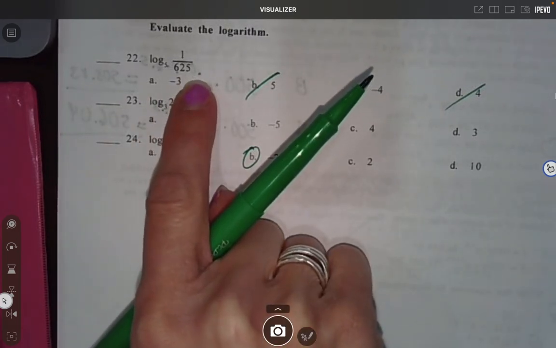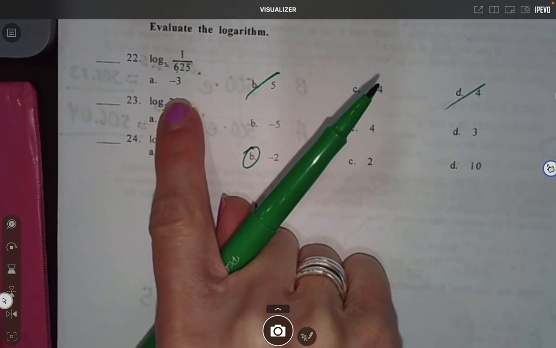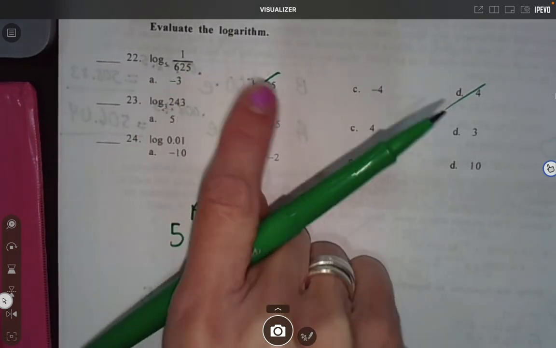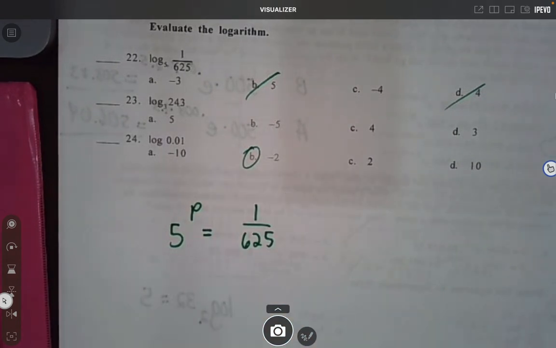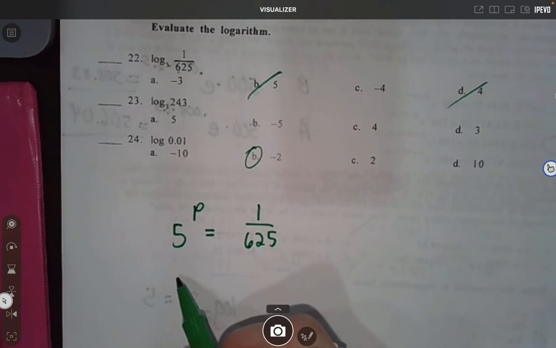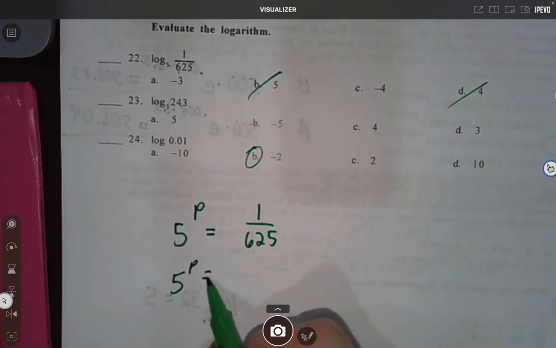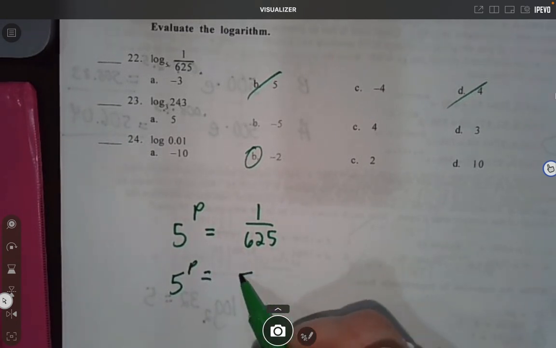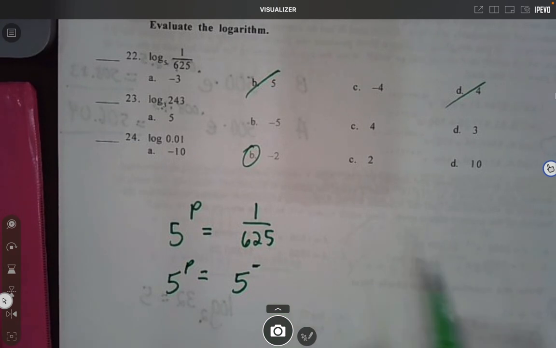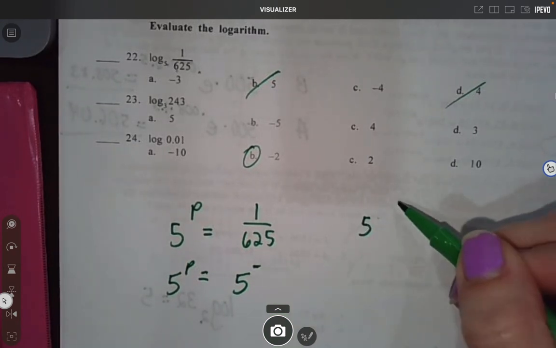And y'all, one thing you can do is just plug in the answer choices and see which one works. 5 to -3, math enter. 5 to -4, math enter. You can check yourself. But I'm going to show you how to do this. So I said, okay, this is base 5, and I know this one's going to be 5 to some negative number. So I had these written on the board. Let's get 625, 5 to some number.